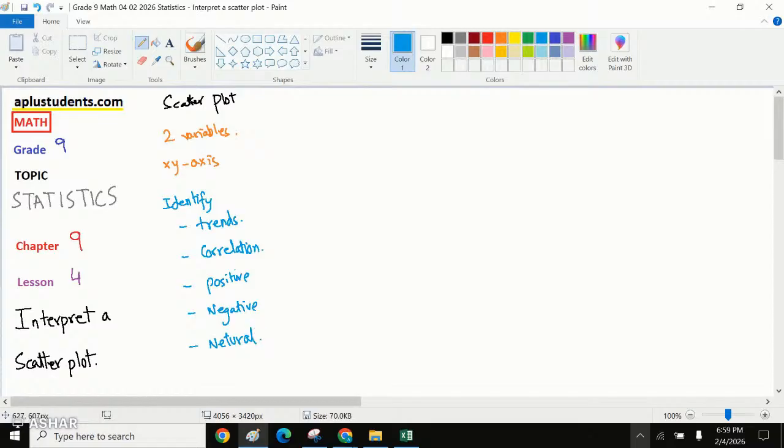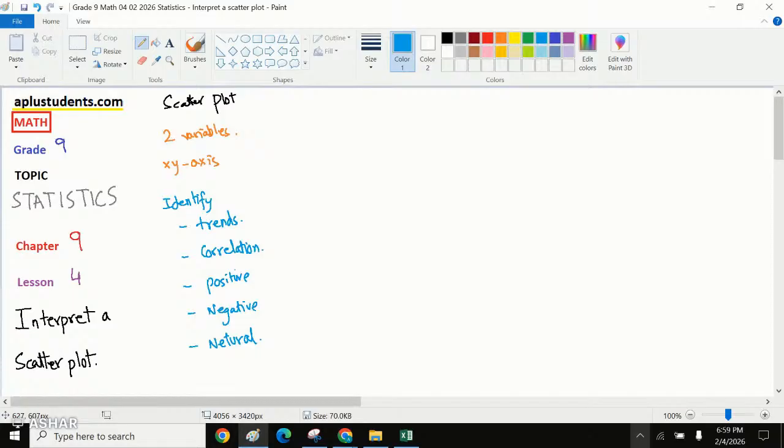In case of positive, if one variable is increasing, the second variable is also increasing. Similarly, negative would mean if one variable is increasing, the other variable is decreasing.